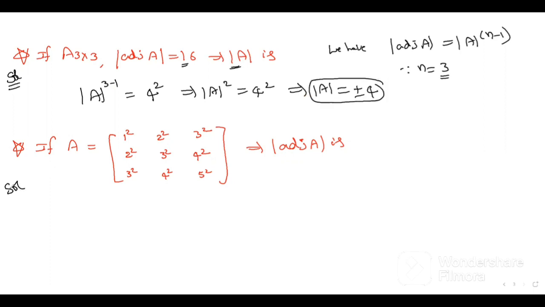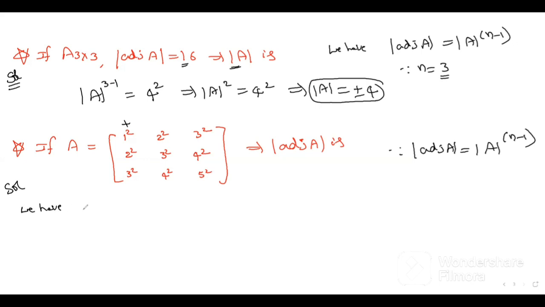Okay, now I am going to explain the next problem. Matrix A is given: 1 square, 2 square, 3 square; 2 square, 3 square, 4 square; 3 square, 4 square, 5 square. Two methods are there by using the determinant procedure. Det of adjoint of A, the formula is det A power n minus 1. How to compute det A, you should follow the procedure. Okay, one more direct formula is there.